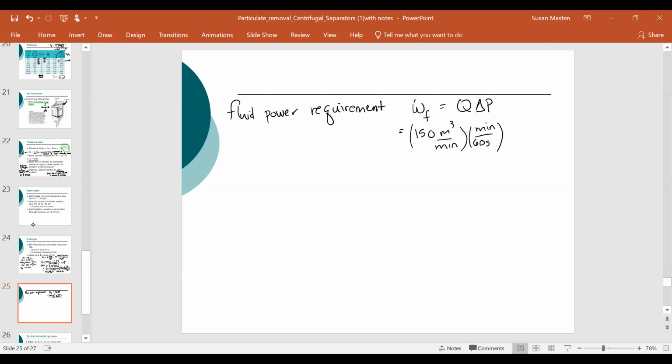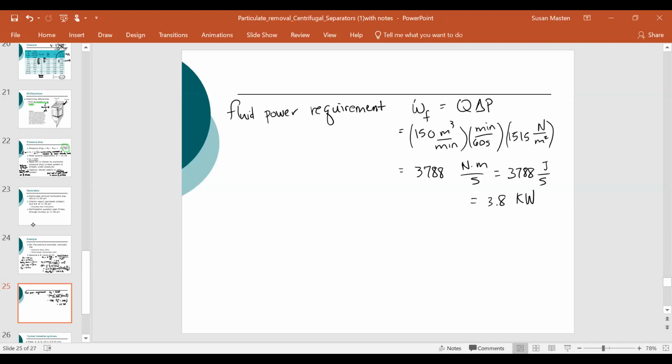We need to convert to seconds. We'll multiply that by the value we have in newtons per meter squared. And that is about 3,800 newton meters per second. And that newton meter is a joule. So that is a joule per second. And if you remember, a joule per second is a watt. So that is about 3.8 kilowatts.